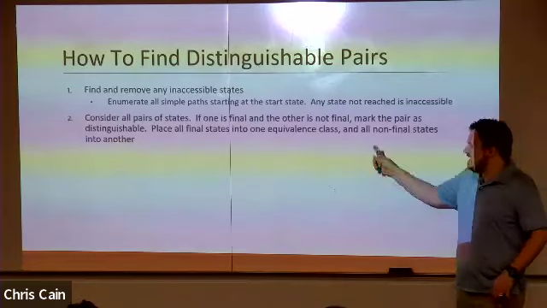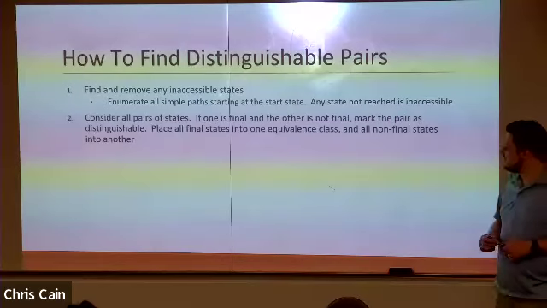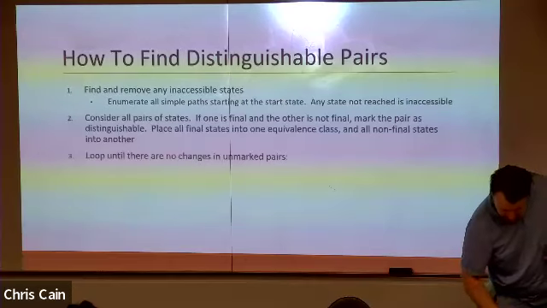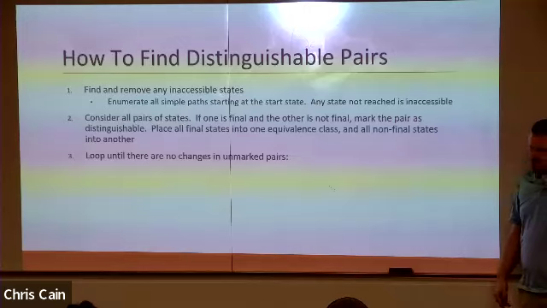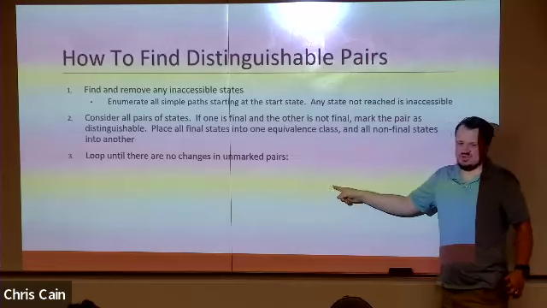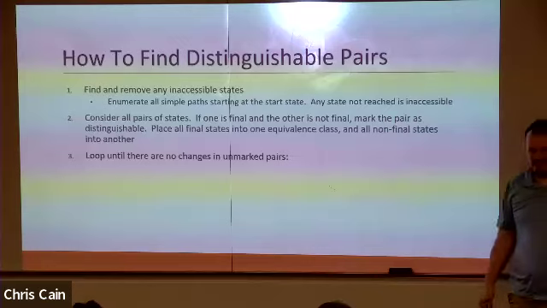We're going to split up the states into what we're going to call equivalence classes, where everything in one equivalence class, as we do this, may be distinguishable still, but we haven't shown it yet. And we are going to loop the following until we go through one of these looping processes and we make no changes in any pairs that are distinguishable, basically.